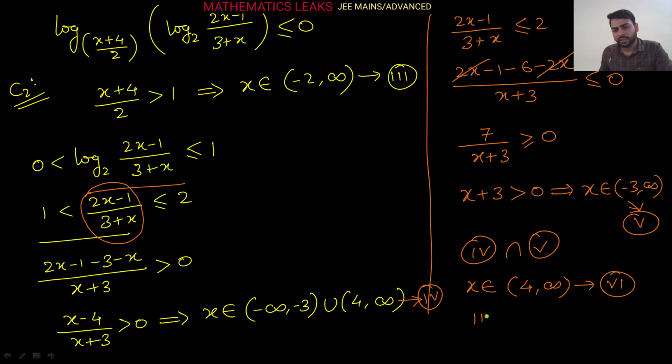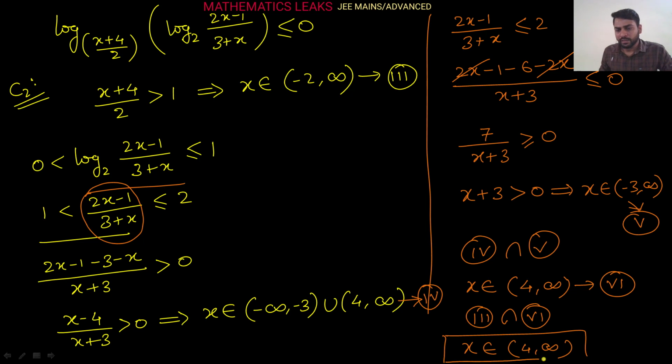The intersection of 3 and 6 we are getting here: x should belong to (4, infinity) only. It is saying greater than −2, it is saying greater than 4. So (4, infinity) only. So this is case 2. For x values between 4 to infinity, this logarithm will be less than or equal to 0. This is the case 2 conclusion.